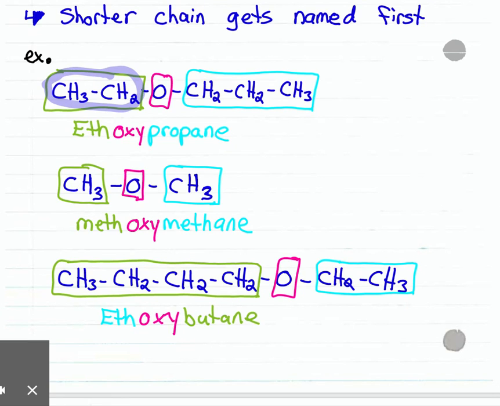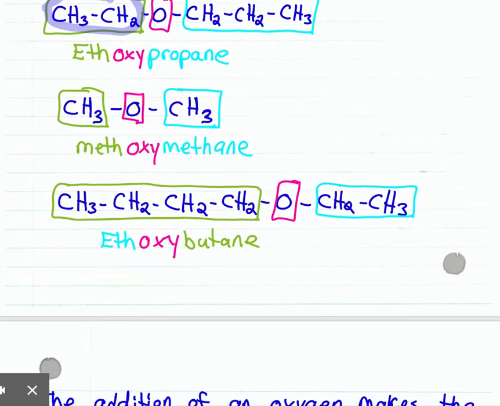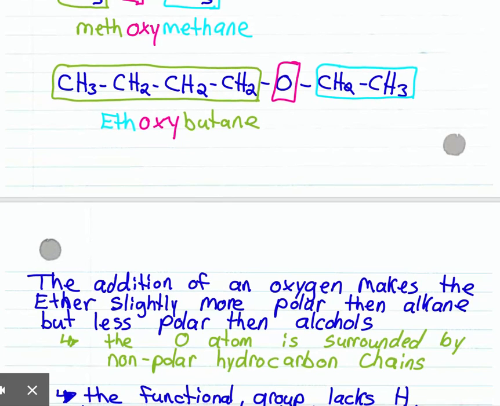Okay, so now that we've named a couple of our ethers, let's look at what happens to the properties because we have this oxygen in the middle of essentially non-polar carbons.